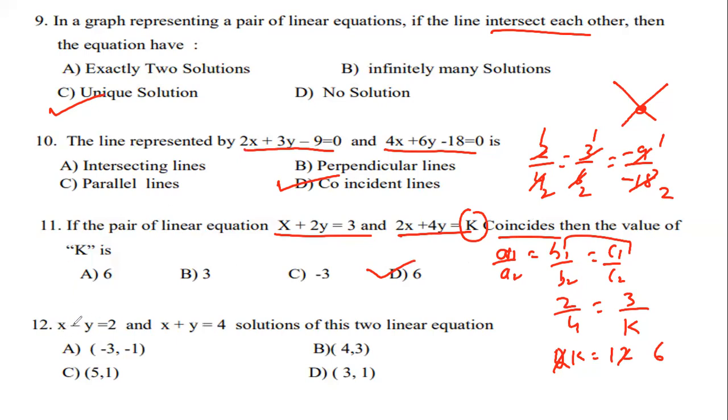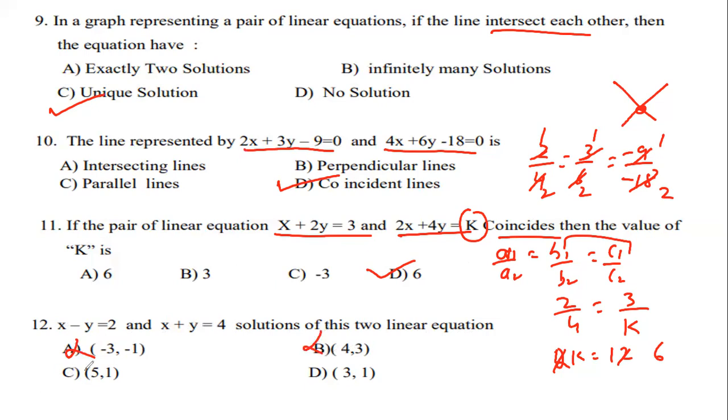Next, x minus y is equal to 2, x plus y is equal to 4. Solution of these two linear equations is dash. Minus 3, minus 1 does not apply because plus is there. Minus 1, minus 3, minus 1, you will get minus 4. Don't go for this one. 4 minus 3 is 1, so this is also wrong.